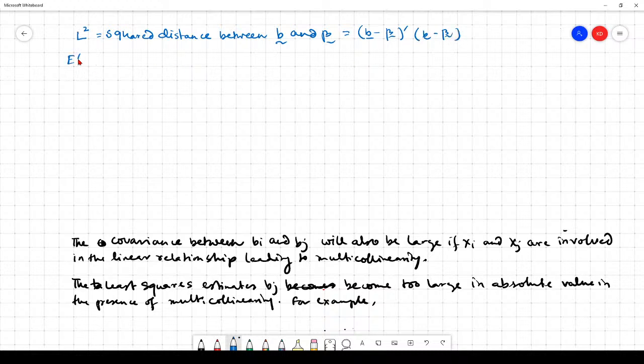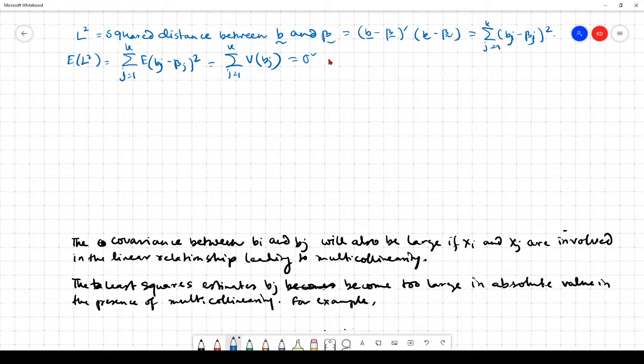Then the expectation of L square is the sum over j from 1 to k of expectation (bj minus beta j) square, which is the sum of the variances of bj, and this is equal to sigma square trace of X prime X inverse.